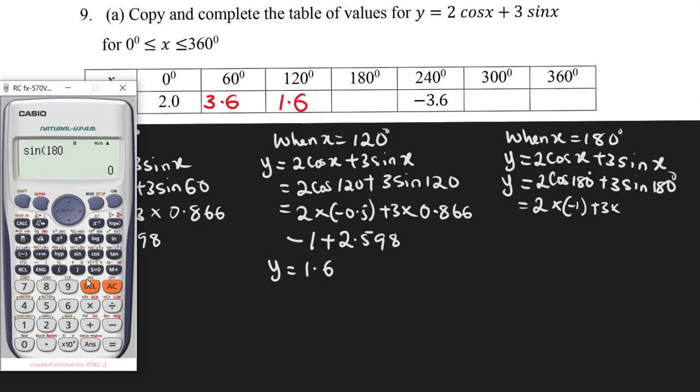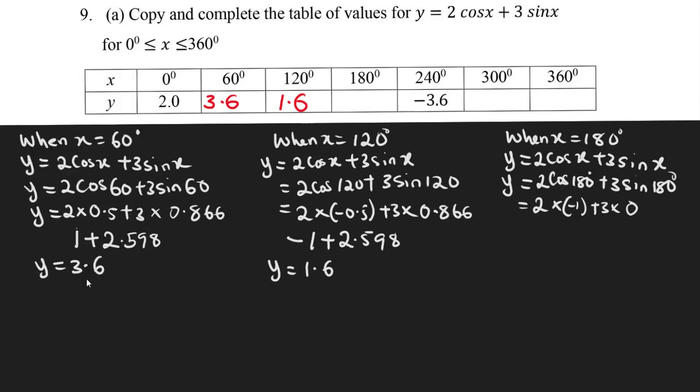So 2 times minus 1 is minus 2, plus 3 times 0 is 0. So minus 2 plus 0, our y is going to be minus 2. Then, when x is equal to 300, let's see.